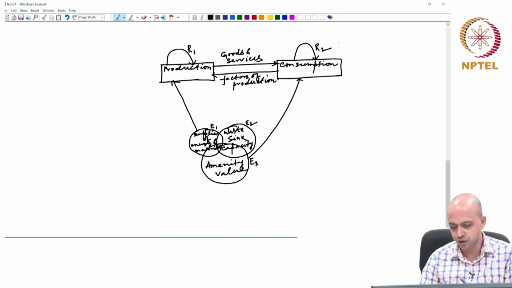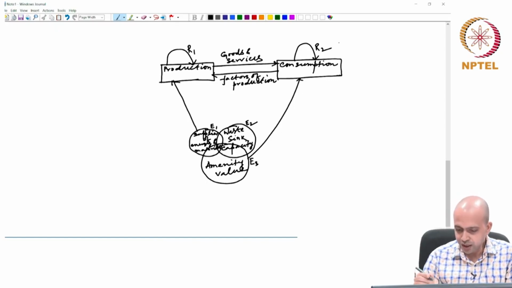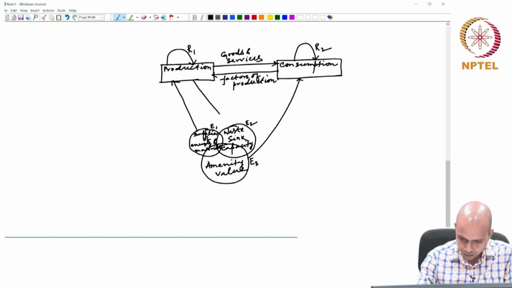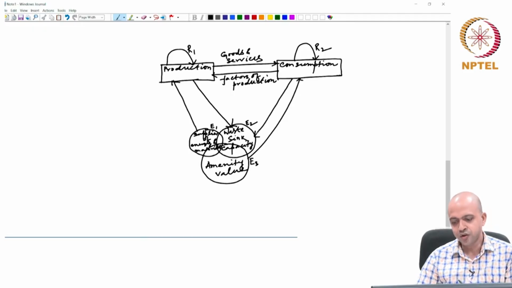And what we cannot recycle, we throw here. From both the production side as well as the consumption side, whatever we cannot recycle, we simply throw to the environment. That means we are using the waste sink capacity, right?